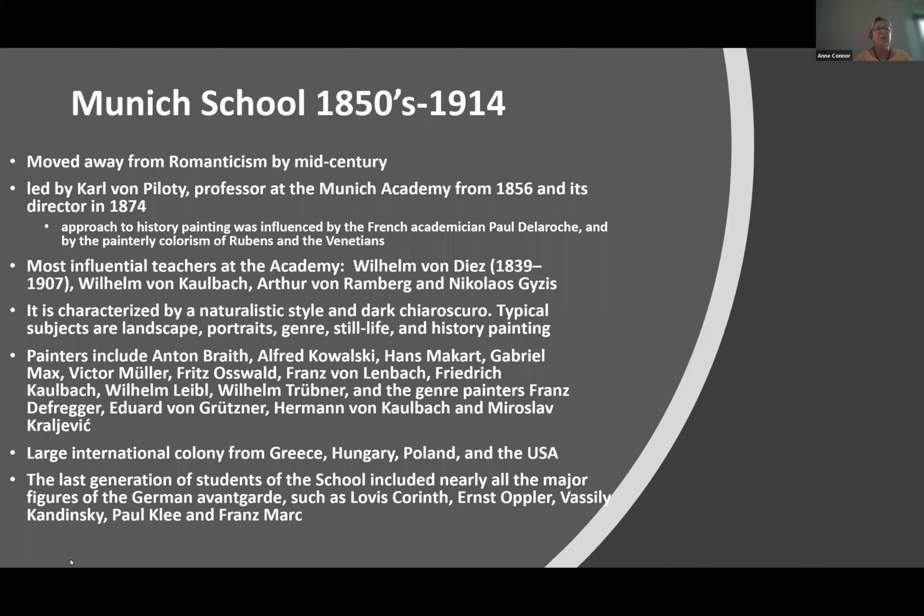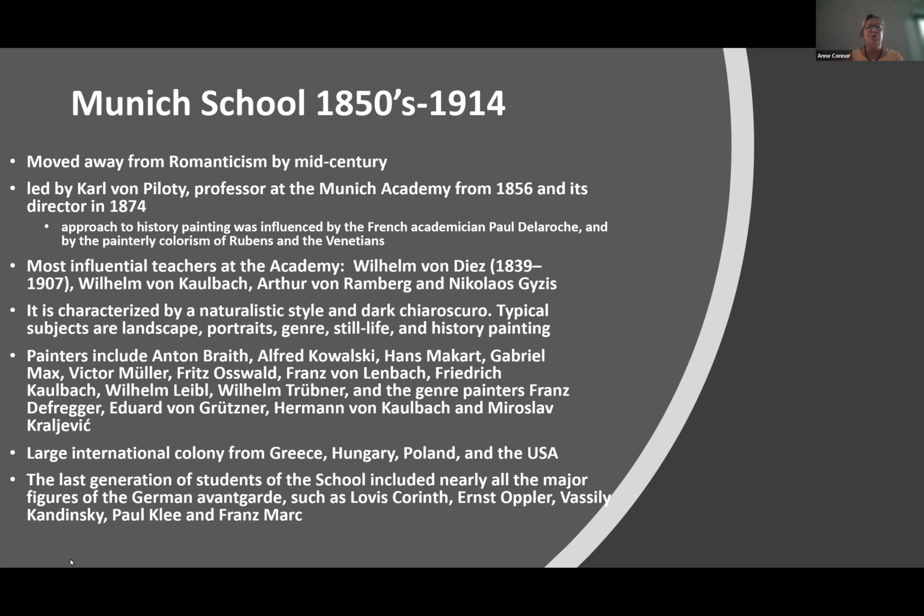So in the 1850s, we see a tendency by the Munich School to move away from Romanticism. It had some known teachers. Probably the most famous was Carl von Piloty, who was professor between 56 and director in 74.